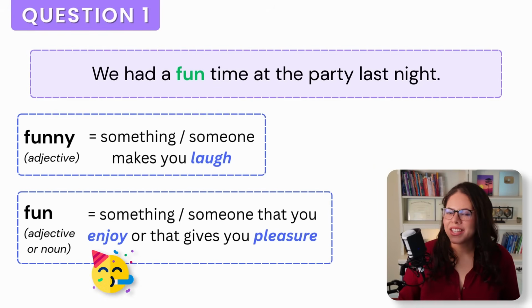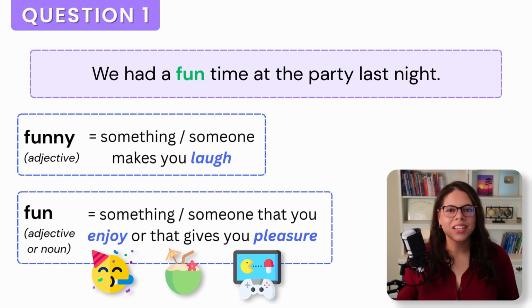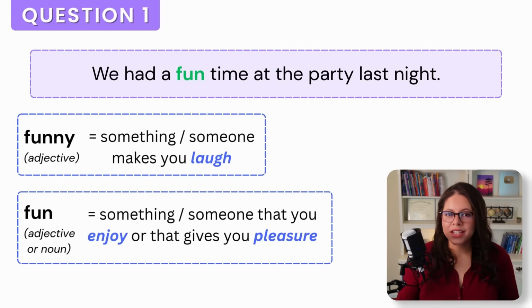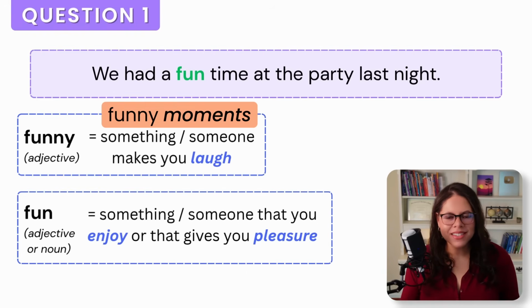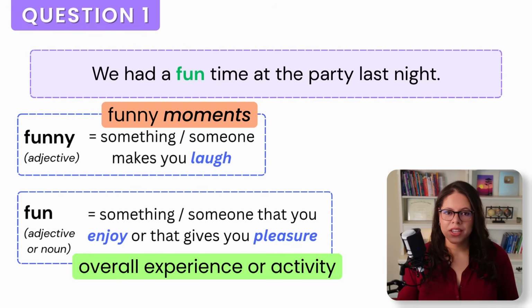So a party, a vacation, or a game can be fun. It's about enjoyment. Maybe the party had some funny moments that made you laugh, but the overall experience or activity was fun.